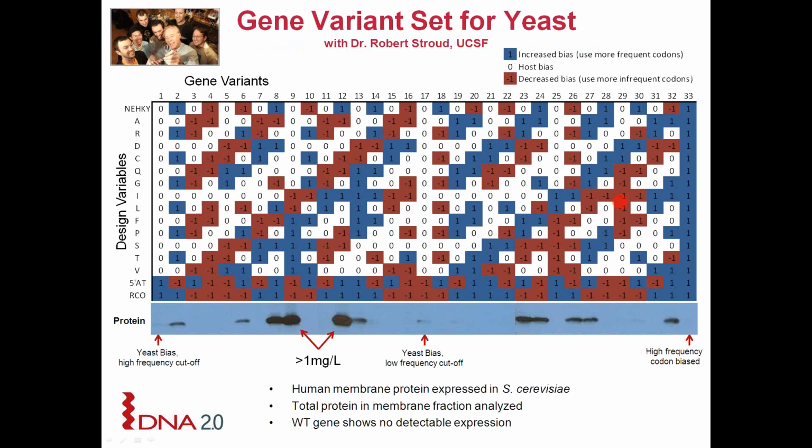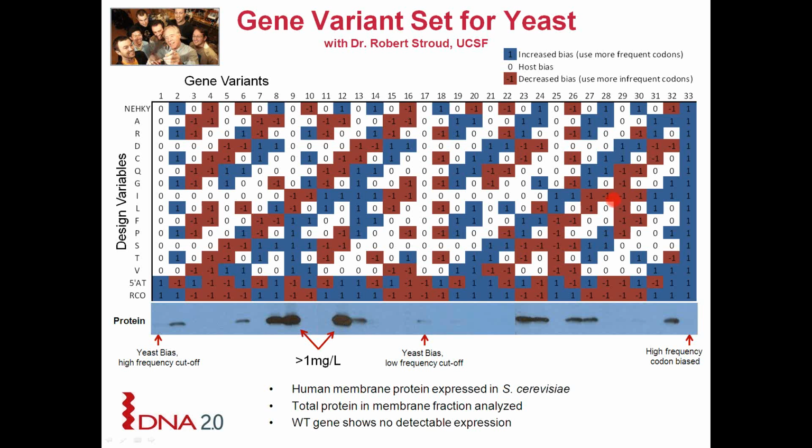Okay, so one key advantage, I alluded to this earlier in the talk, the key advantage of our approach is that we can get a lot of information from a relatively small number of genes, and that's particularly important for hard-to-assay proteins like human membrane proteins. In this case, this slide illustrates some work that we've done with Bob Stroud.